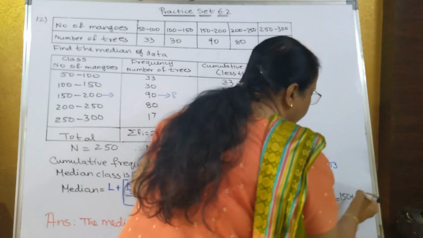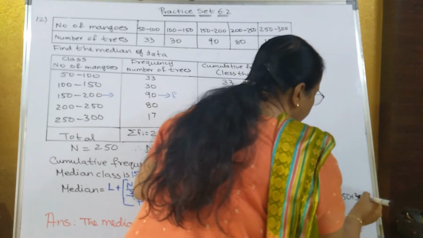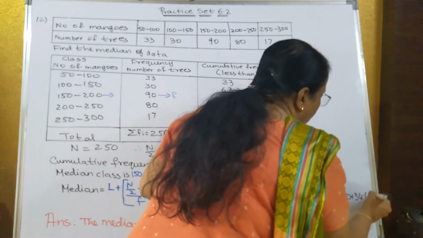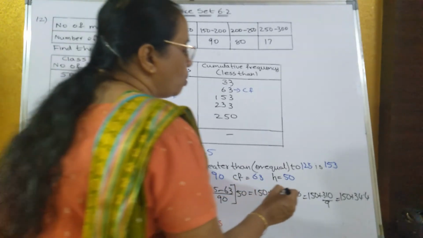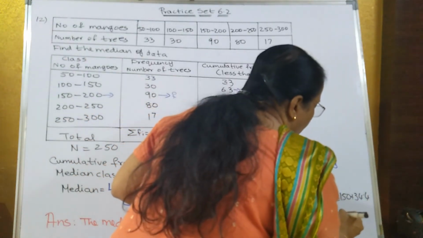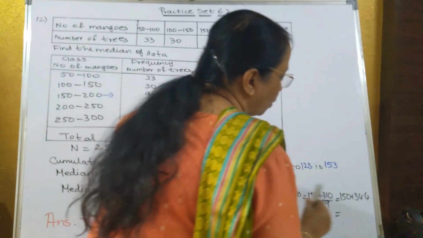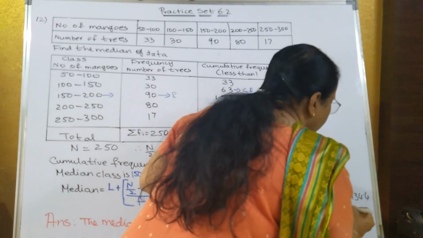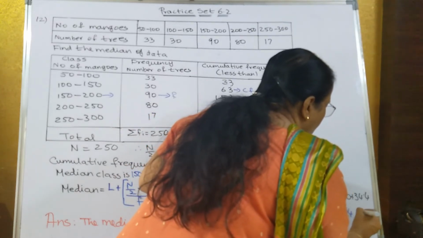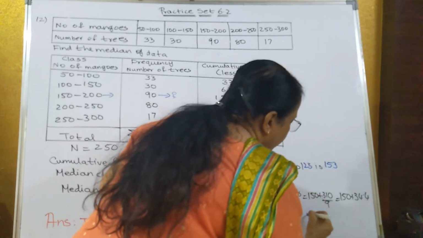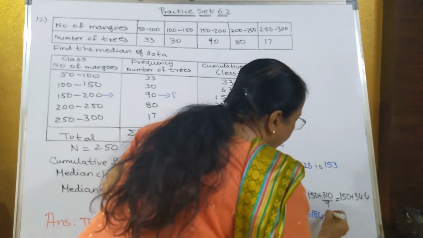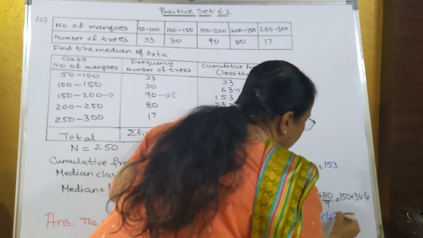So what will you get? 9 3s are 27, 34.4444 you will get. So when you add 150 plus 34.444, what will you get? 184. That's equal to 184.4, which is approximately equal to.